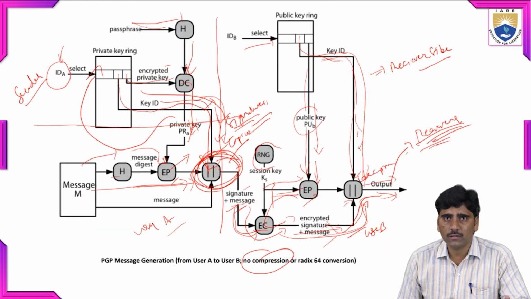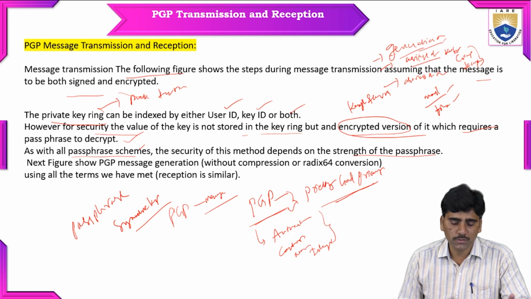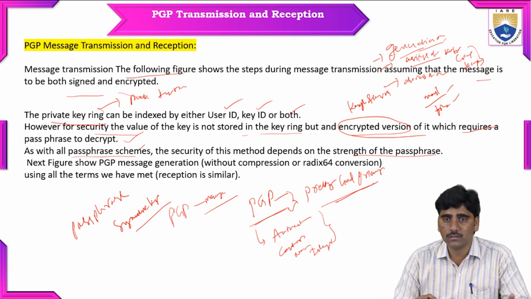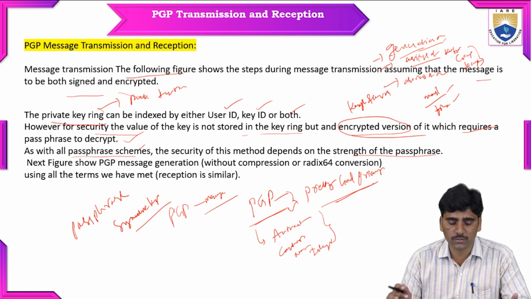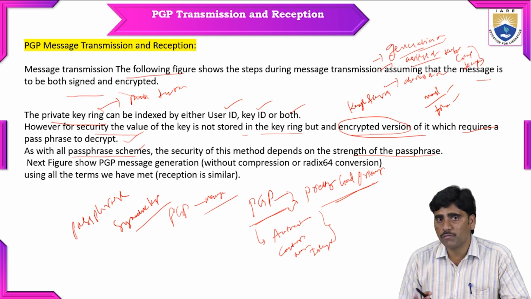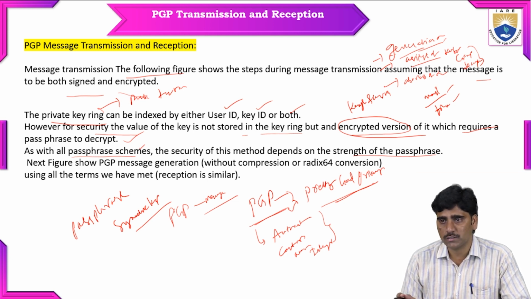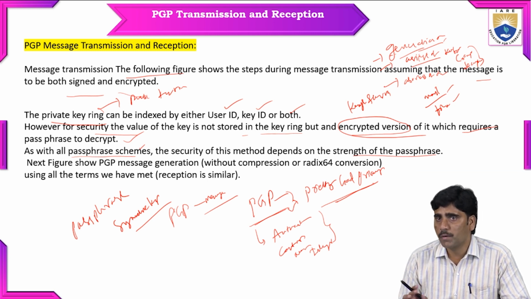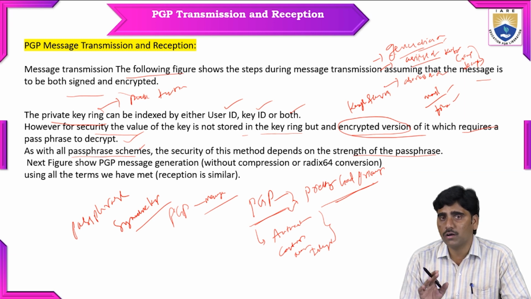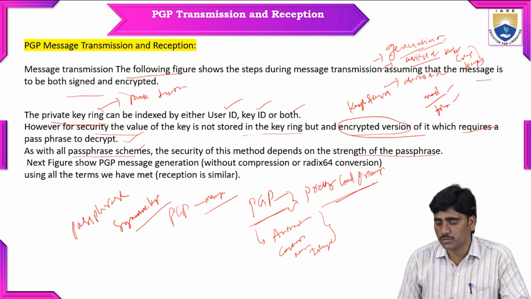In PGP message transmission and reception, both the sender side and the receiver side have to be observed to check whether the pair of keys is present or not. There are private keys and public keys. Observe them, and check all the encryption and decryption processes.